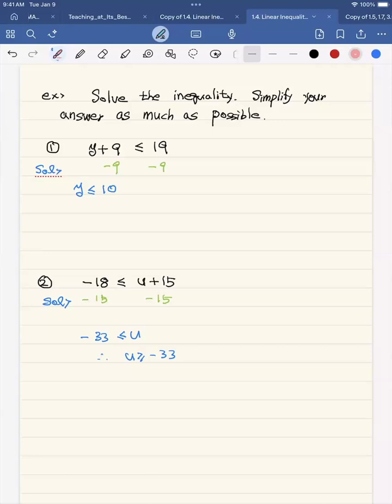To do that, I subtract 9 on both sides. Then those two will cancel each other, and the right side will be 10. So y is less than or equal to 10.